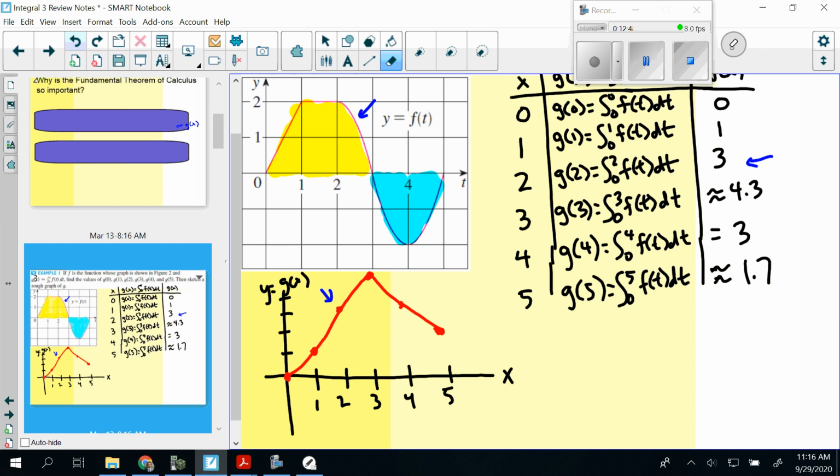So you can see there is a connection here, and the connection is that this graph right here, g of x, becomes the antiderivative of what we saw up top there. So there's a connection that these are antiderivatives of each other. We'll see in some next examples some of those connections.